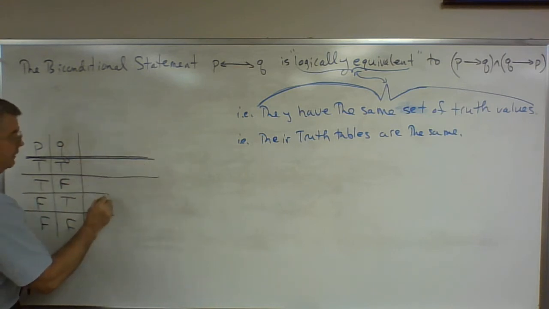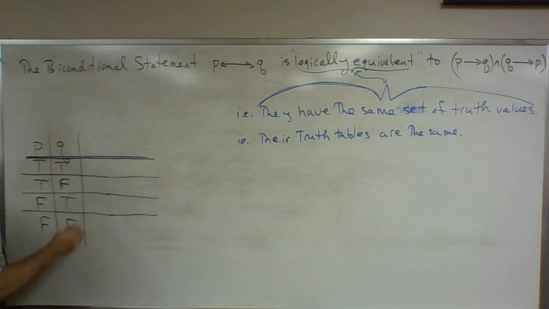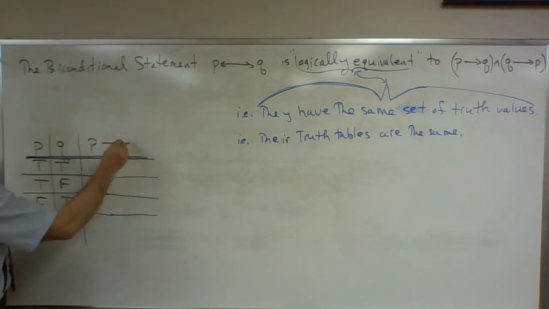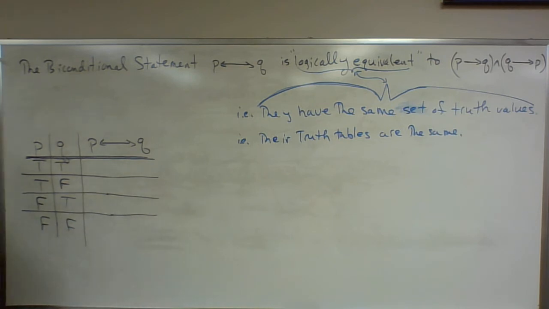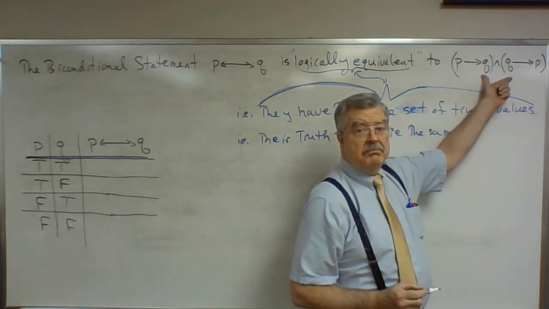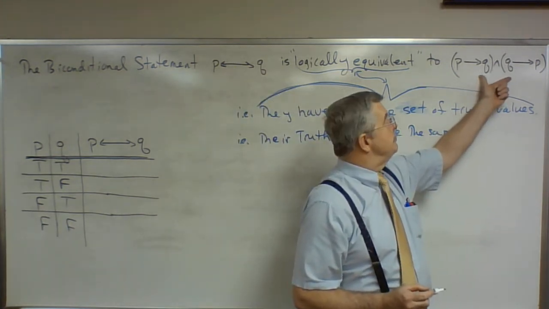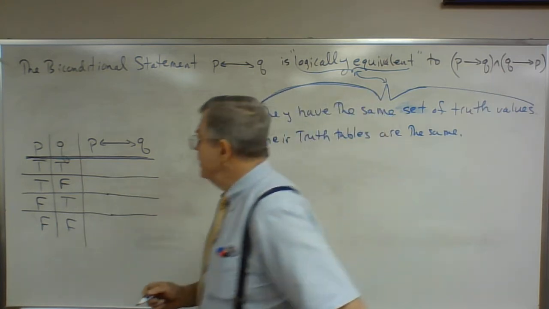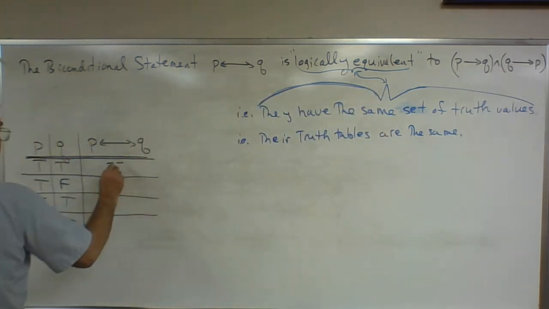And we're constructing a truth table for the biconditional statement P if and only if Q. Now, we might remember from this example that this thing was true when both P and Q were true.